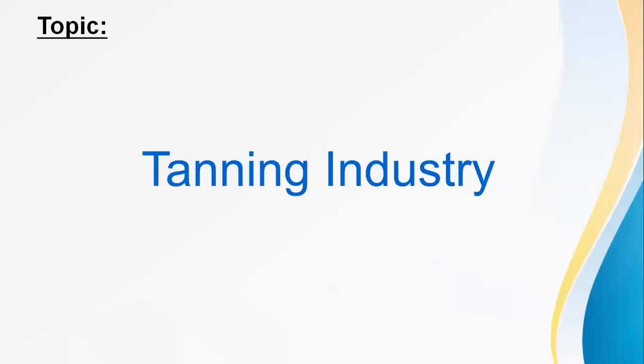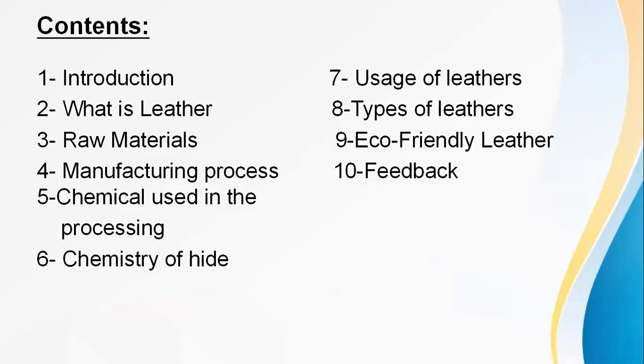The topic is tanning industry and the contents are: I will give a short introduction about the tanning industry. What is tanning industry? What is leather? Obviously, raw materials, which raw materials are used in the tanning industry, manufacturing process, which is the main part of the presentation, chemicals used in the processing.